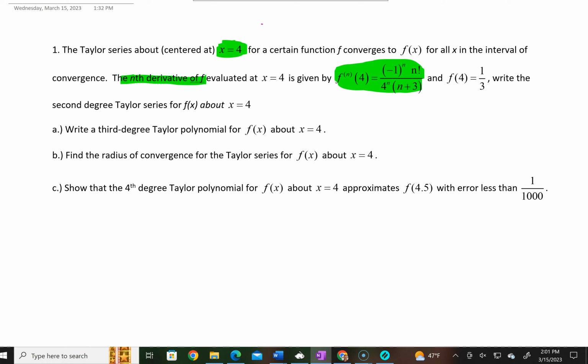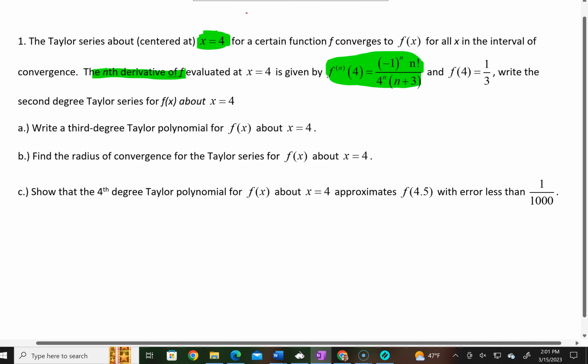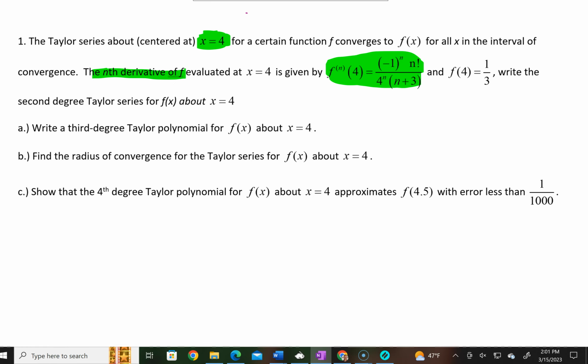And that might look a little intimidating at first. You could look at that and say, oh my gosh, wow. The nth derivative of f at 4 is negative 1 to the n, n factorial, all over 4 to the n, times n plus 3. And then they're also giving us f of 4 equals 1/3. And then they're saying, let's write the second degree Taylor polynomial about x equals 4.